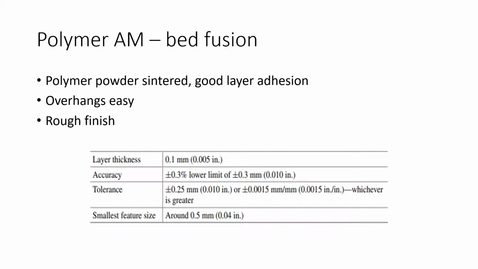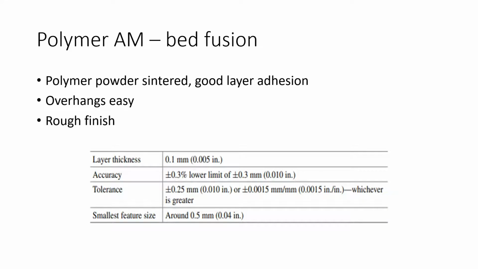It's actually quite good at avoiding anisotropy, although it still has some, but it's better than some of these other methods because that heat penetrates to the layer or region below, and now this new layer is adhered well to the previous layer. An interesting concept for powder bed fusion is that with this buildup of powder at each level, you can print overhangs quite easily because that powder will support the material that you want to print.